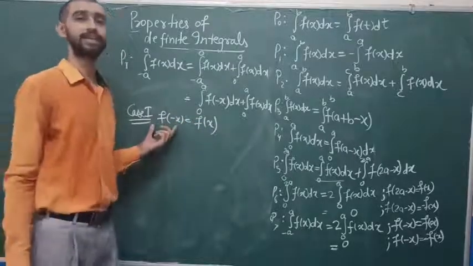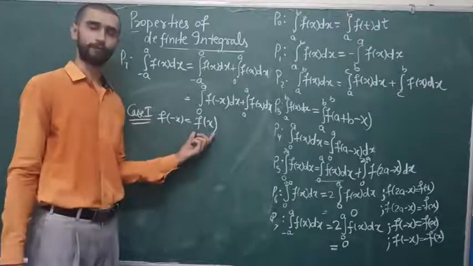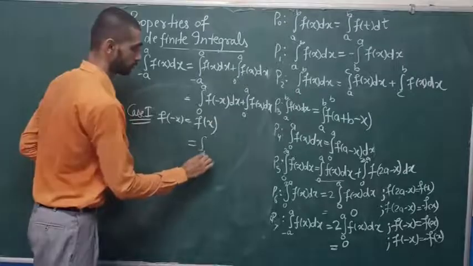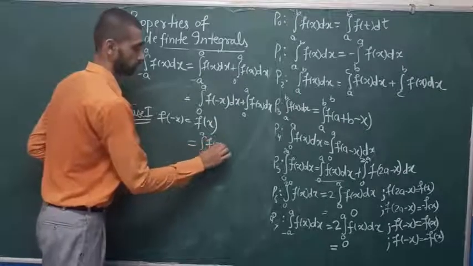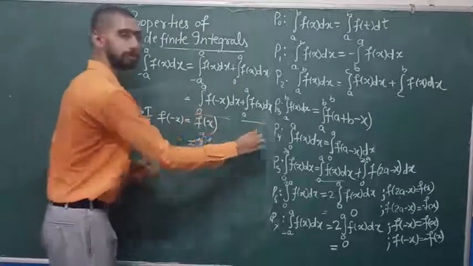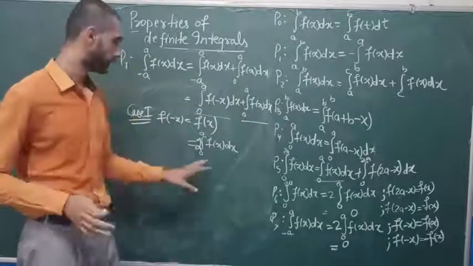function is even, that is f of minus x equals to f(x), it will become, because both of these integrals will be same and they will add up and give this.